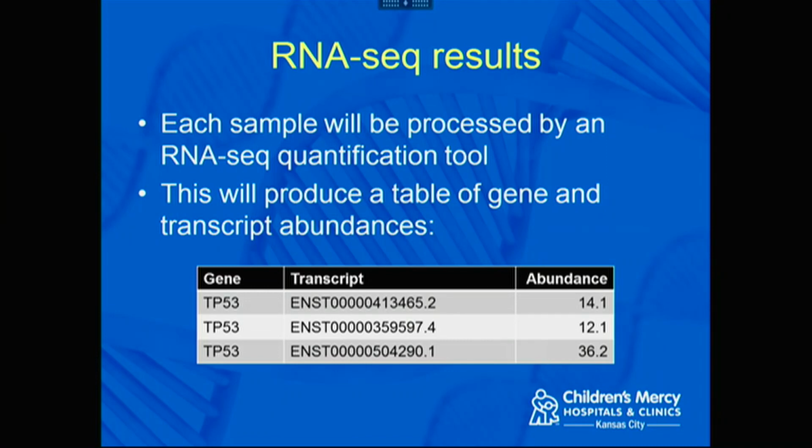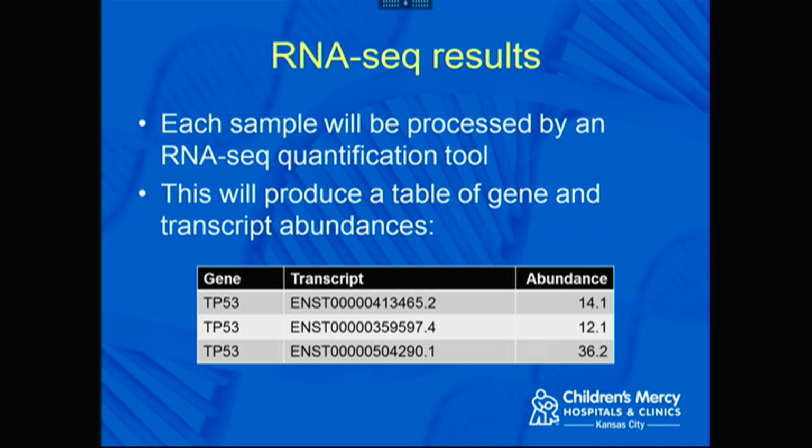If you do an RNA-seq experiment on, say, a single sample, what will happen is it will get processed by a software tool called an RNA-seq quantification tool. Its job is to look at all these reads and estimate an abundance for each transcript. You can actually do this at the transcript level or the gene level. The gene level is really just collapsing all the transcripts into a single value.